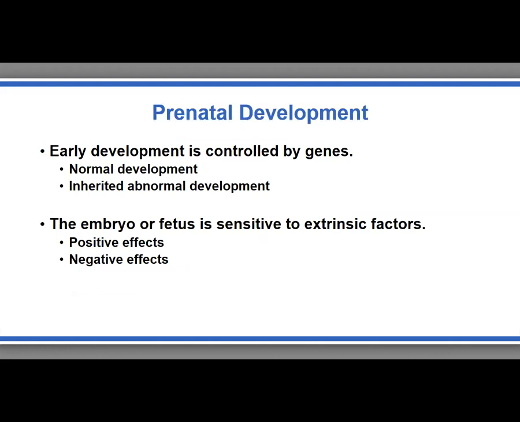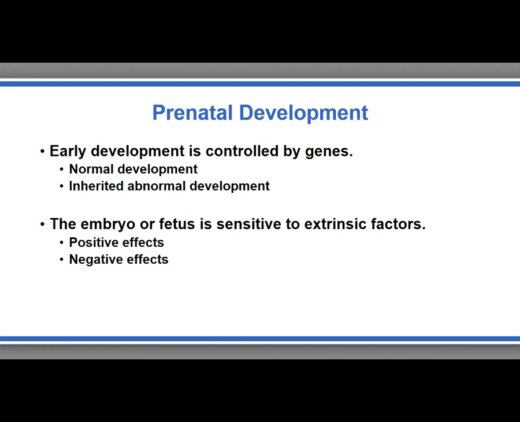Prenatal development, early development, is controlled by genes. Normal development, inherited abnormal development as well, right? Certain things happen because of our genetic predispositions. A mom or dad passes on certain genes that may be abnormal development genes versus normal development genes.